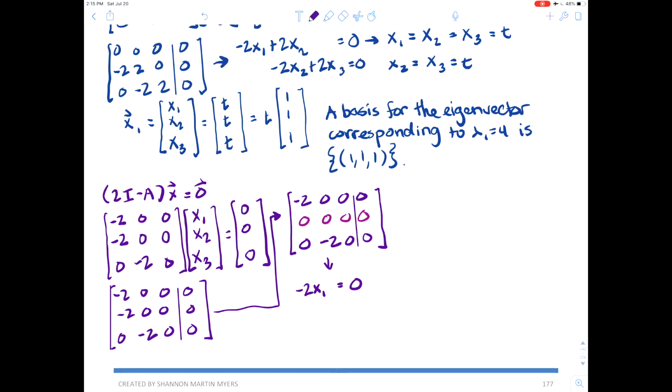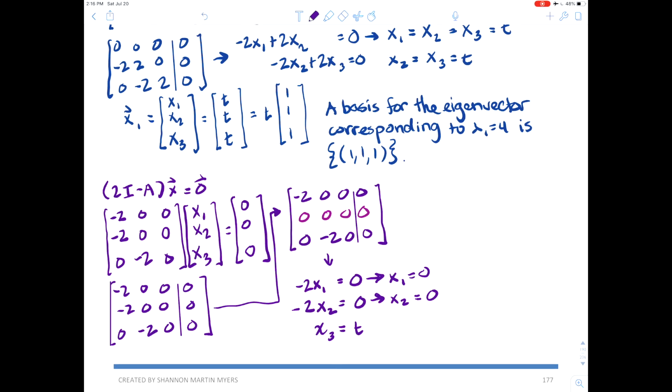And then negative 2x2 is equal to 0. And then we've got the free variable x3, right? So we'll let x3 equal t. This gives us x1 is 0, x2 is 0, and x3 is t.